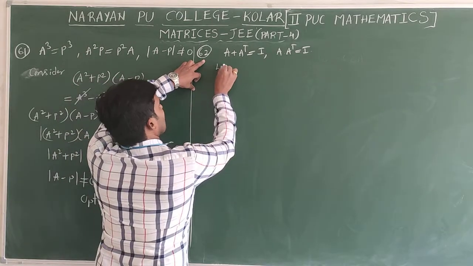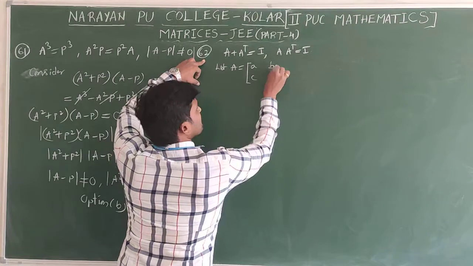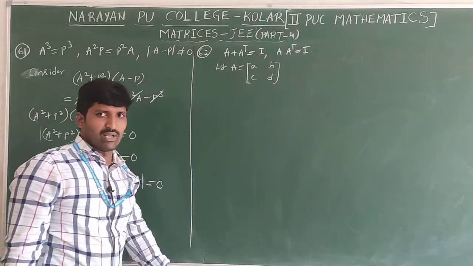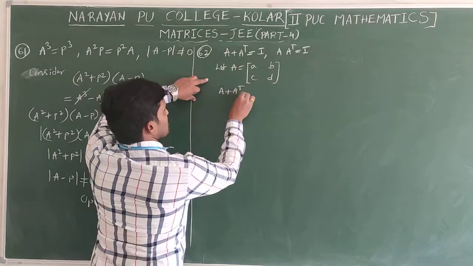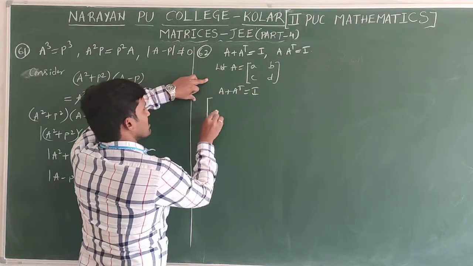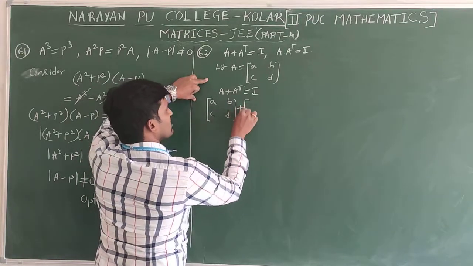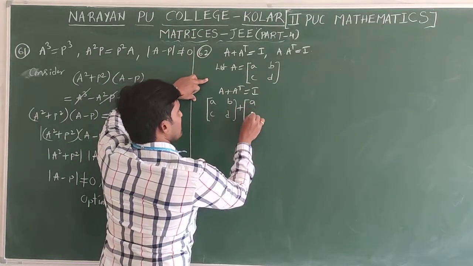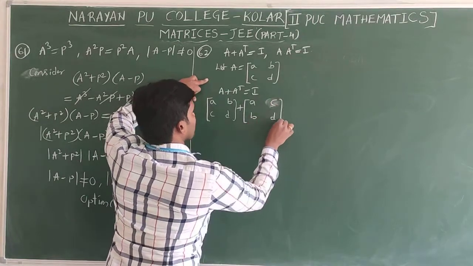Now I will take A as some matrix with unknown values a, b, c, d. First condition, what is there? A plus A transpose equal to I. A matrix is [a, b; c, d]. A transpose means [a, c; b, d].